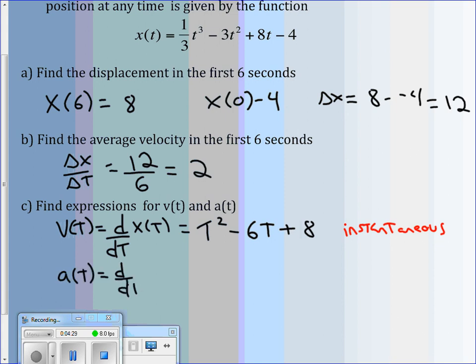Take the derivative with respect to time of v of t. That should be an easy derivative to take, right? 2t minus 6. And again, that's the instantaneous acceleration at any given time t. What's the acceleration at time 1? 2 minus 6, and so on. Okay, that was C.